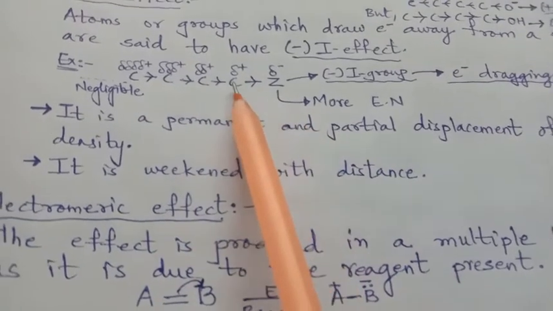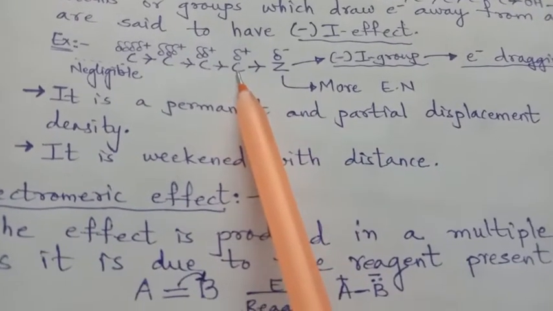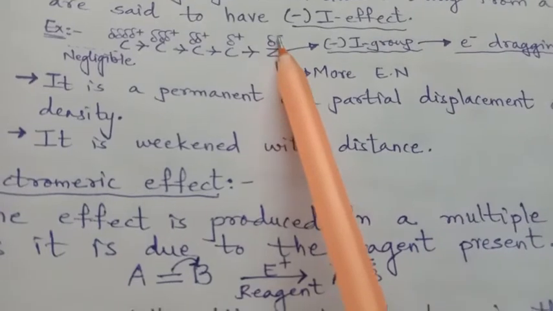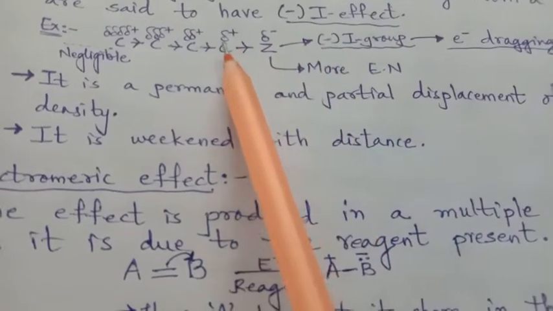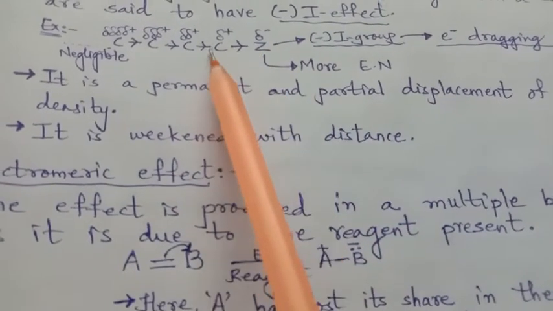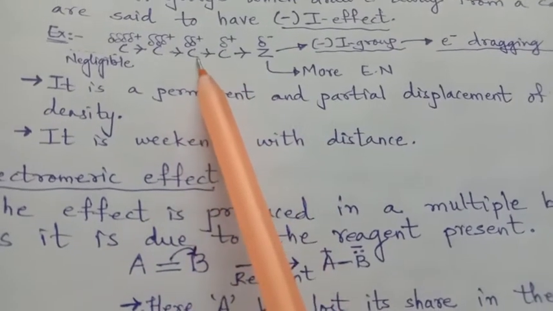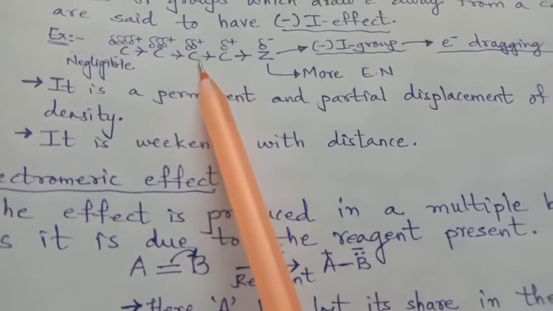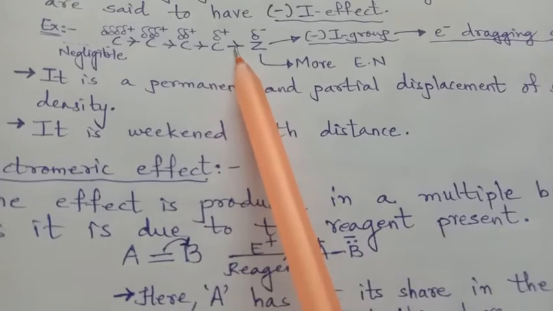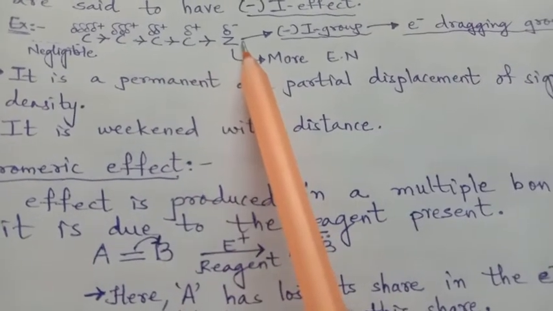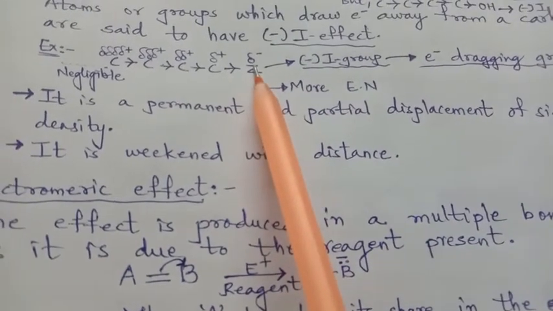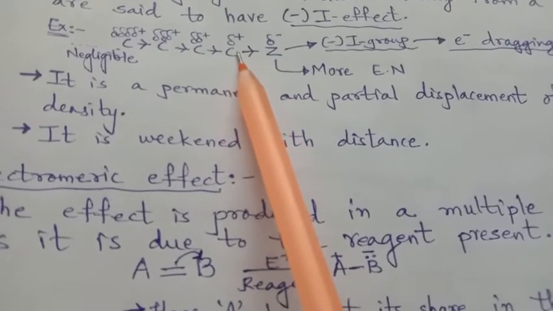And as soon as it asks the carbon for the electron, it will acquire a partial negative charge because it is a bond. So this carbon will have a similar effect on the next carbon, so it will try to drag towards this. That is why it is a partial charge. And here it is partial positive.